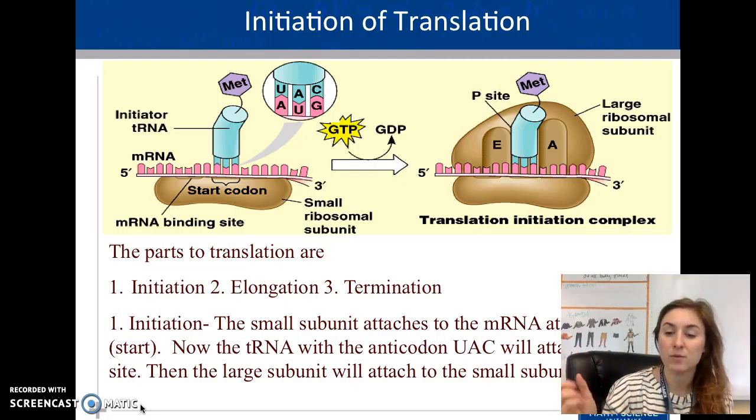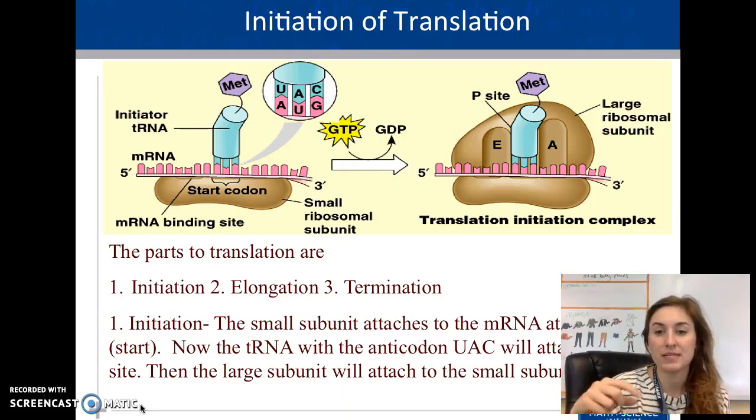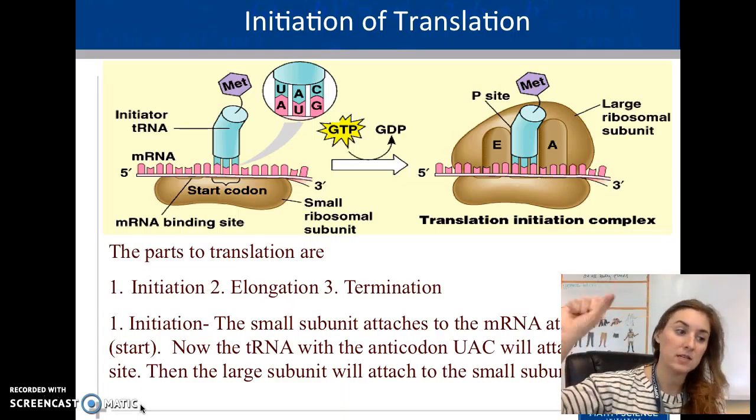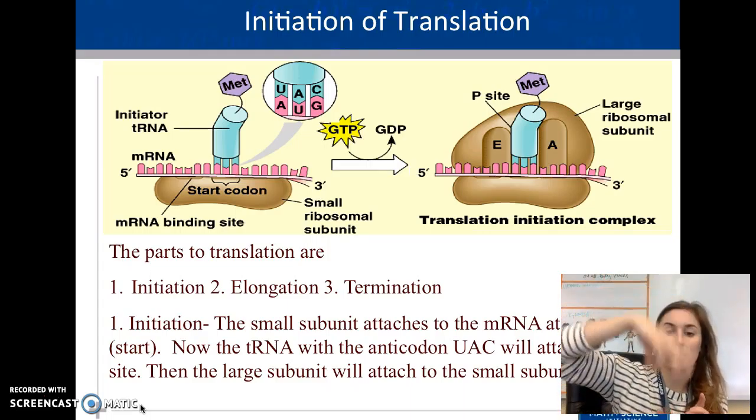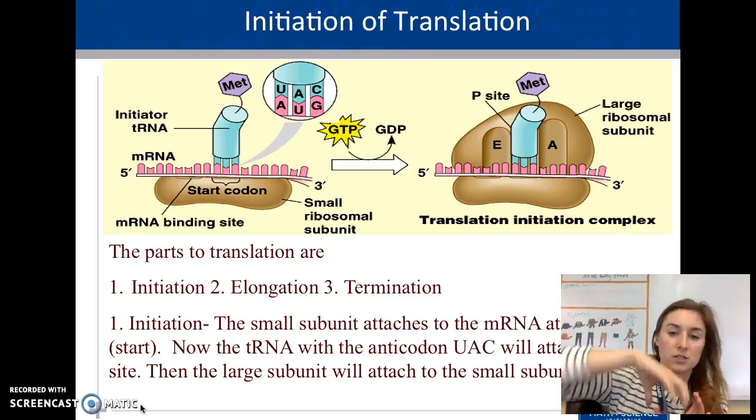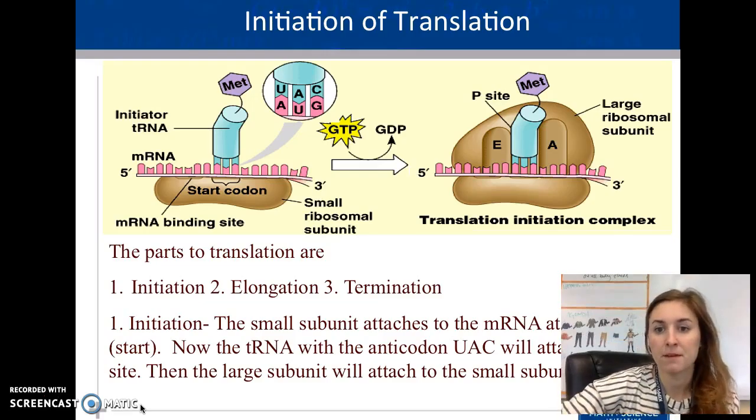Now the tRNA with the anticodon UAC attaches to the P site. So the tRNA is actually the next thing that attaches, and then the large subunit comes and sits on top. Initiation.